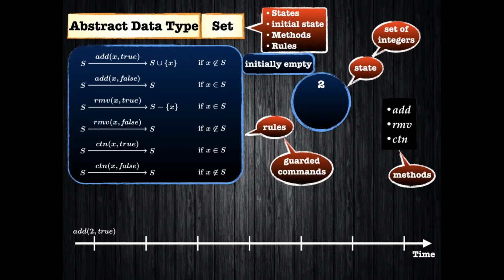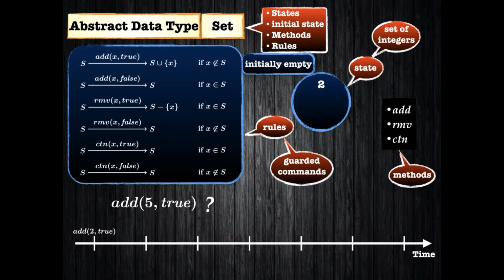Okay, so now I have this state. So now I ask the next question, can I perform the operation add 5 true? Again, I check the rules, which one can give me this operation? The only one which can give me this operation is this one here, because this is the only one which gives me add in combination with true. And now I instantiate the input parameter to 5, and I check whether the rule is enabled, which means whether the guard is satisfied, and this amounts to checking whether X, which is 5, is a member of the state S, which is {2} here.